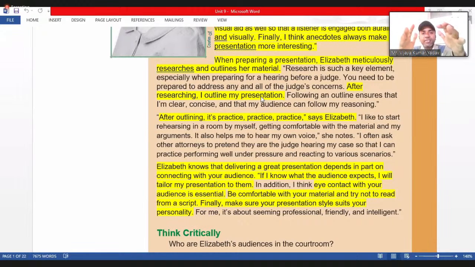Their attention gets diverted. If you are not able to capture the attention of the audiences, then you will fail in your presentation. You can't make your presentation effective. Your presentation will not be enjoyed by the audiences. So avoid all these bad gestures.